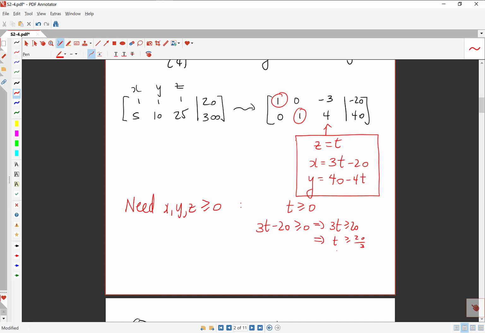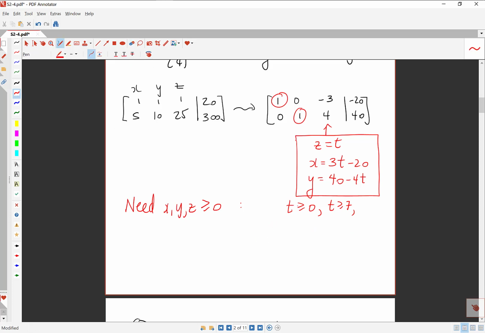And because t is an integer value in this context, that really forces t to be at least 7. So you can just check t equals 6 does not quite satisfy that. t equals 7 or bigger does satisfy that. So I'm just going to condense this a little bit and say from the second variable, we need t to be at least 7. And then there will be one more condition from y.